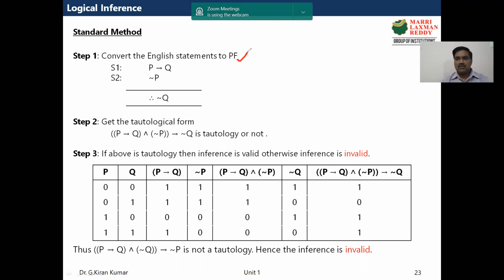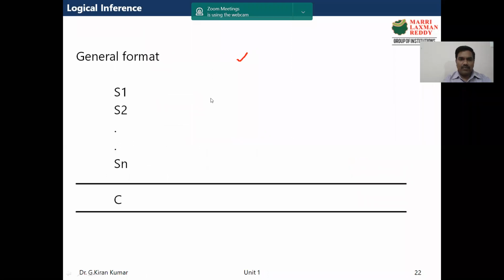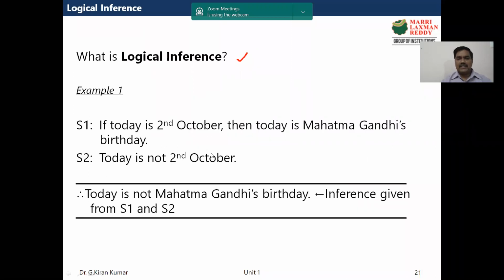Accordingly, we need to assume some variables or propositions in a given problem. Suppose we see the problem: if today is 2nd October, then today is Mahatma Gandhi's birthday. That is statement 1. Statement 2 is, today is not 2nd October. And the conclusion given to us is, therefore, today is not Mahatma Gandhi's birthday.